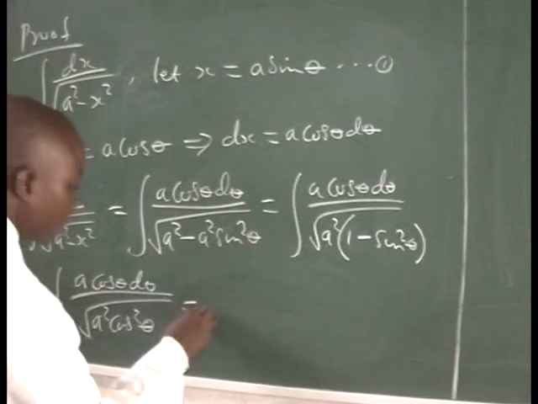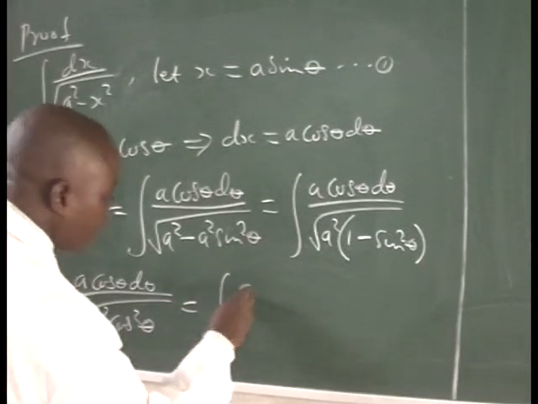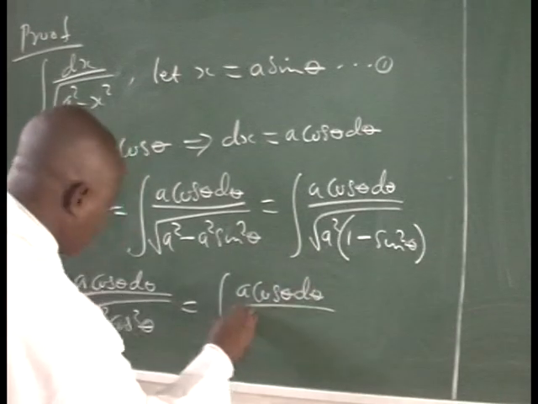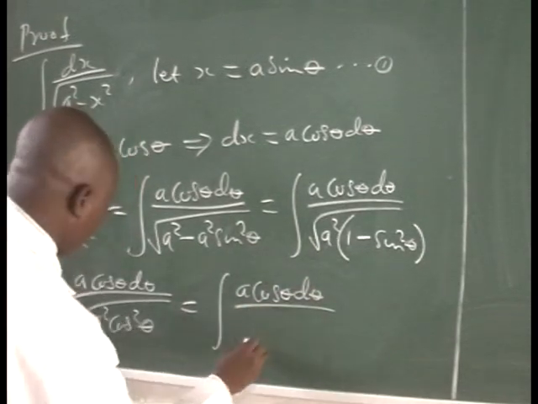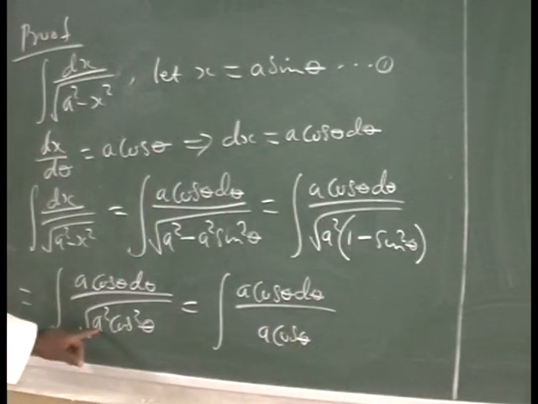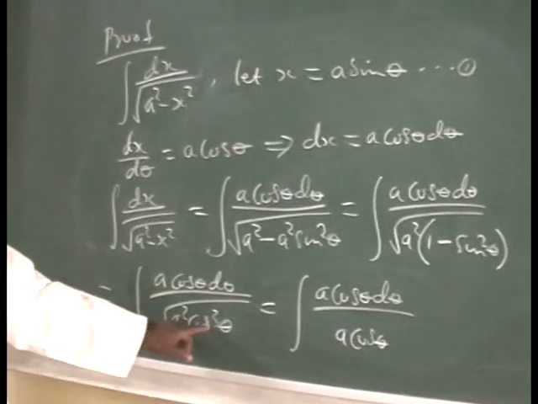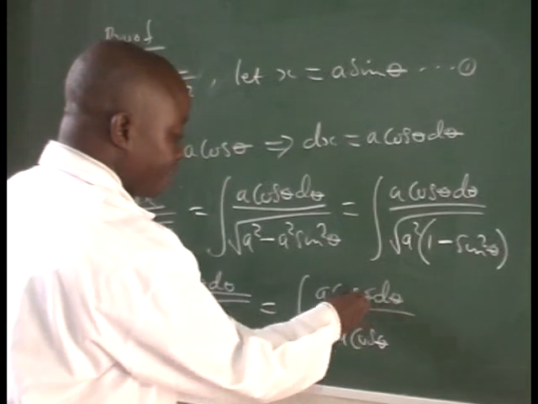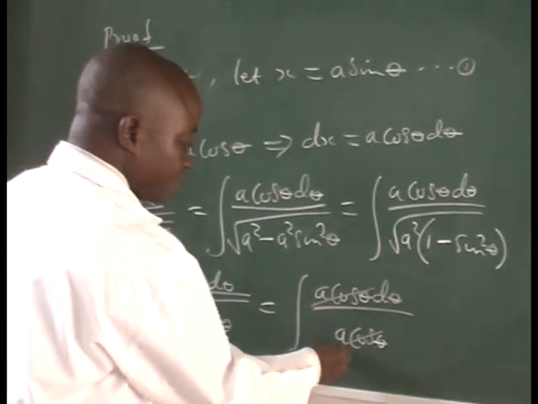So this will be the same as the integral of a cos theta d theta all over a cos theta, because the square root of a squared gives a, and the square root of cos squared gives cos. Now here, a cos theta can cancel a cos theta.